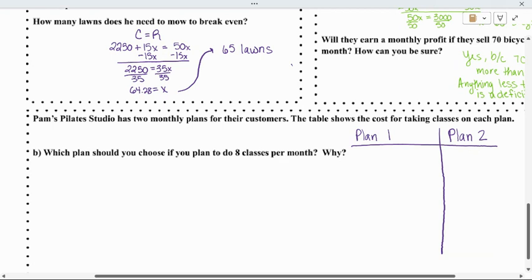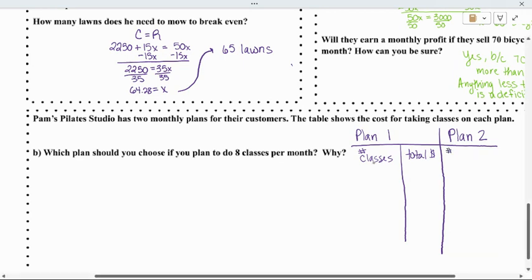So Pam's Pilates studio has 2 monthly plans for their customers. We're just going to call it plan 1 and plan 2. The table shows the cost for taking classes on each plan. So when we talk about each plan, we have to talk about the number of classes and the total cost.